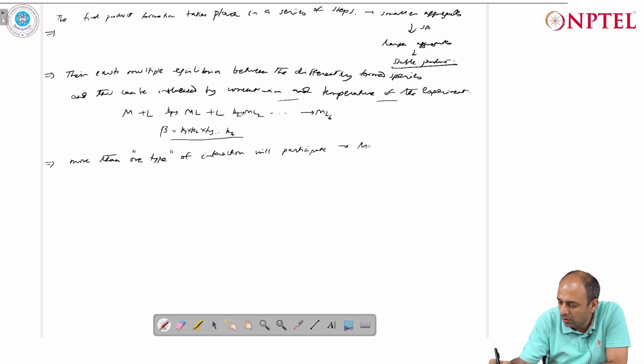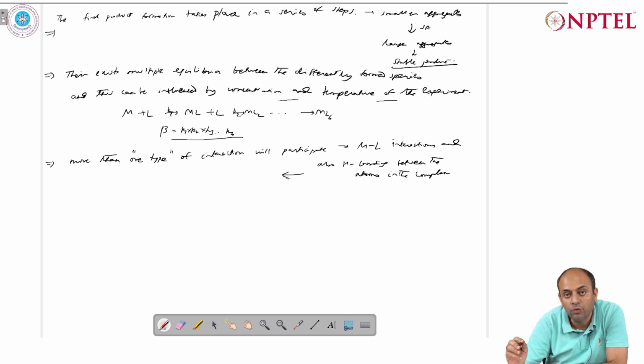For example, you can have the combination of metal ligand interactions and also hydrogen bonding between the atoms in the complex. Again, the process is to form the thermodynamically most stable product.